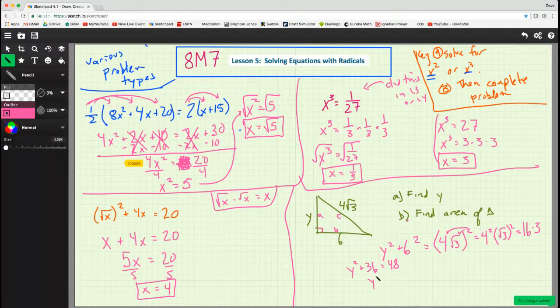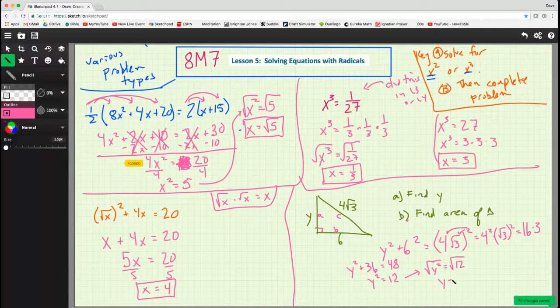So y squared equals 12. Okay, so now we're going to take the square root of y squared equals the square root of 12.